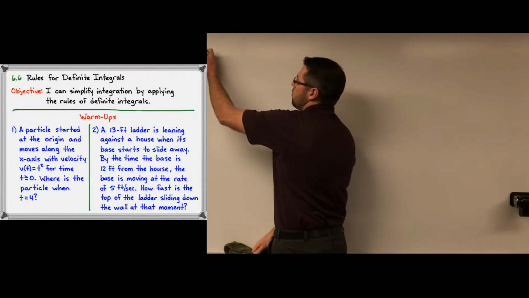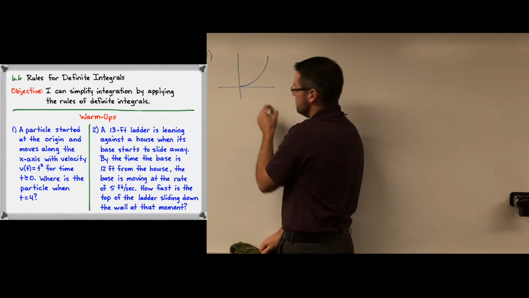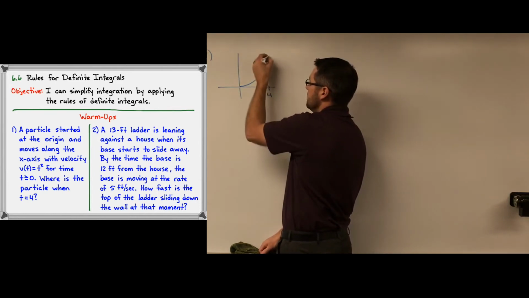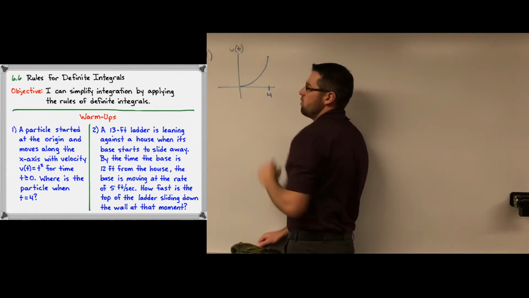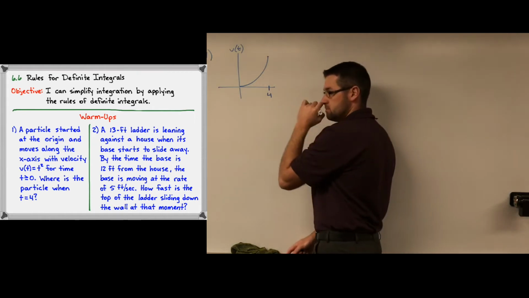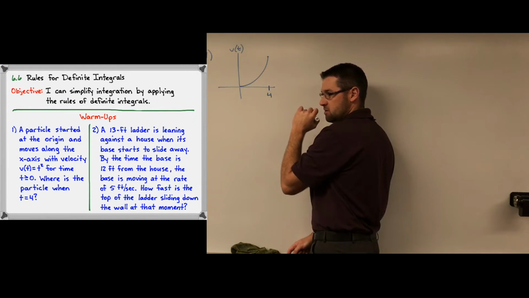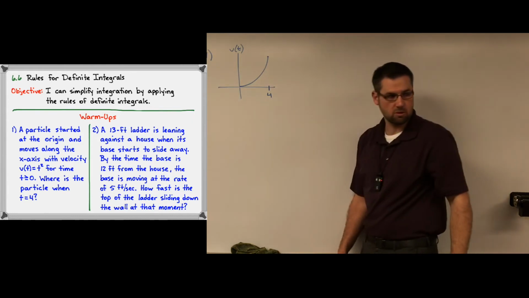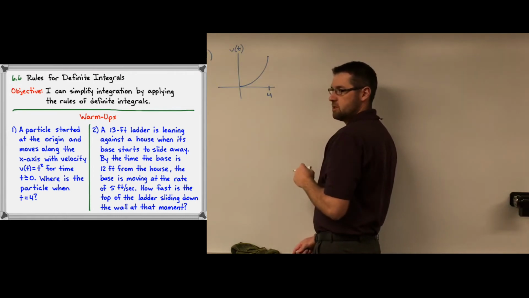So, number 1, the function is t squared from 0 to 4. Okay. So if this is v of t, then what would the setup be to find the distance the particle has traveled? What would the equation be? Yeah, but it's not a constant, so you can't say that.